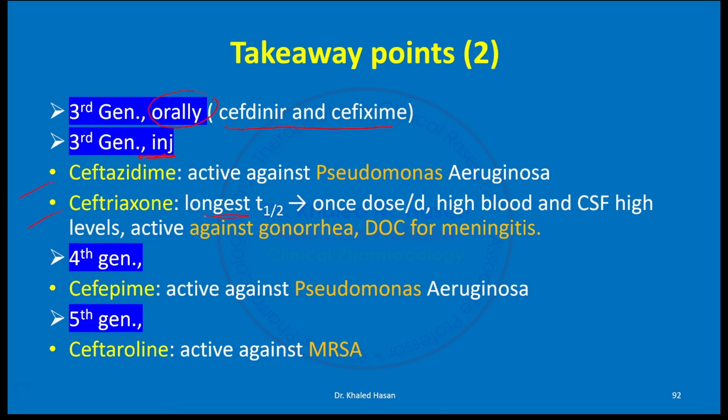Ceftriaxone has a longer half-life, one dose per day, and achieves high blood concentration and high cerebrospinal fluid concentration. We can prescribe it for patients with gonorrhea as a single injection, or as the drug of choice for meningitis. But remember, here we use it for 7 to 14 days of treatment for meningitis. So we can use it for gonorrhea, acute otitis media, and meningitis.